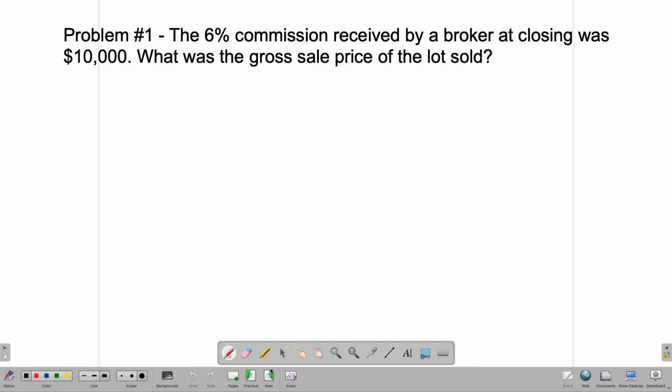So the way to break this down, we want to start off with the equation that we mentioned. So we start off with part equals rate times base.